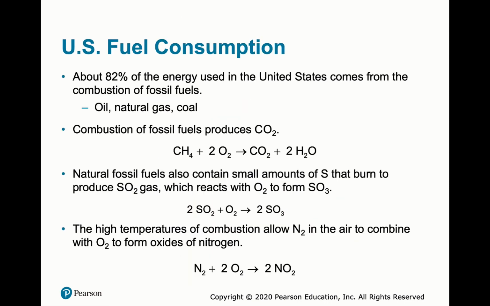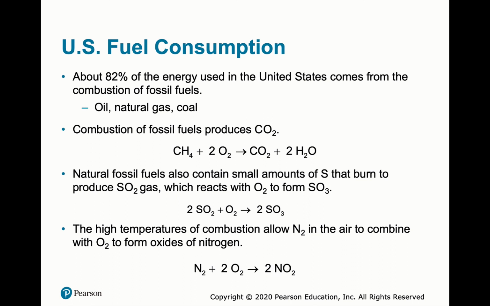So with carbon dioxide, we get quite a bit of our energy from burning fossil fuels. This is not just electricity; it's also for transportation. And sulfur is found in quite a bit of coal, so sulfur is also released in the combustion.